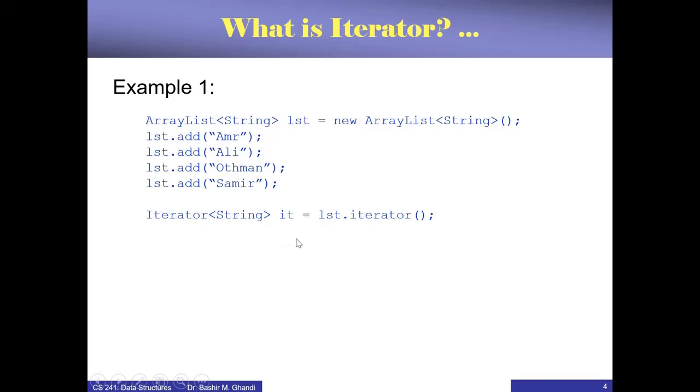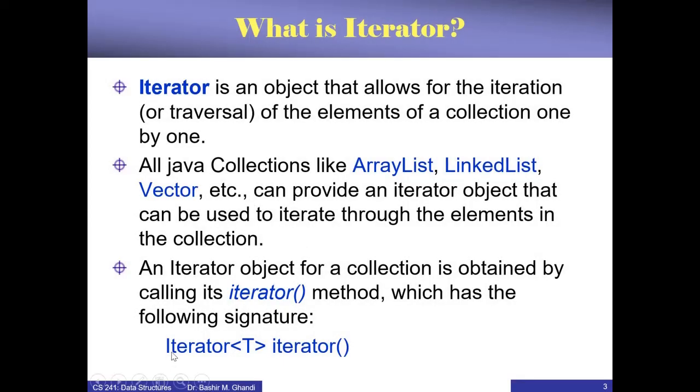As we saw in the previous slides, the signature of the method is Iterator<T>. In this case, we know what the T is. It is a string. So you should define a variable of type Iterator<String> to receive the result that will be returned to you by the iterator method.